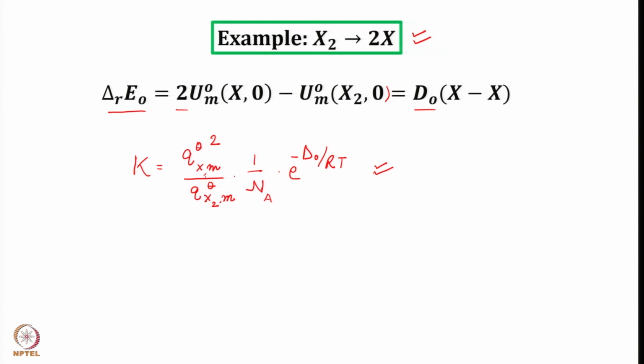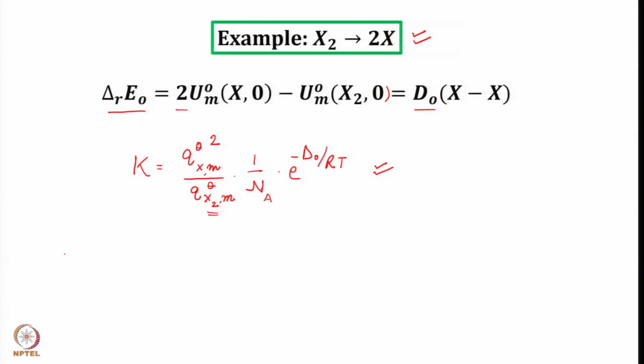The numerator is for X. X is an atom. The denominator is for X2. X2 is a molecule. An atom can have translational degree of freedom and electronic degree of freedom. There is no rotation and vibration in atoms. For molecule, there is translational degree of freedom, there is rotational degree of freedom, there is vibrational degree of freedom, there is electronic degree of freedom.